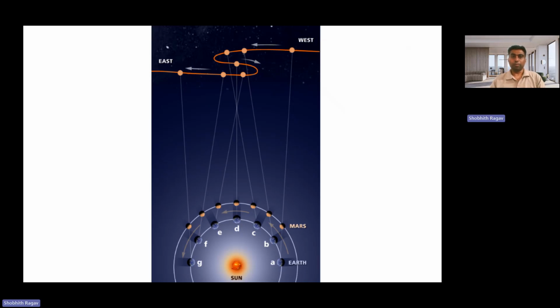Similarly, the planets are all moving in the same arc path, but at this point the Earth is taking a shorter curve and the other planet is taking a longer curve. It's mainly to do with the speed at which the planets are moving and the direction in which we are moving. So it is basically a relative path.